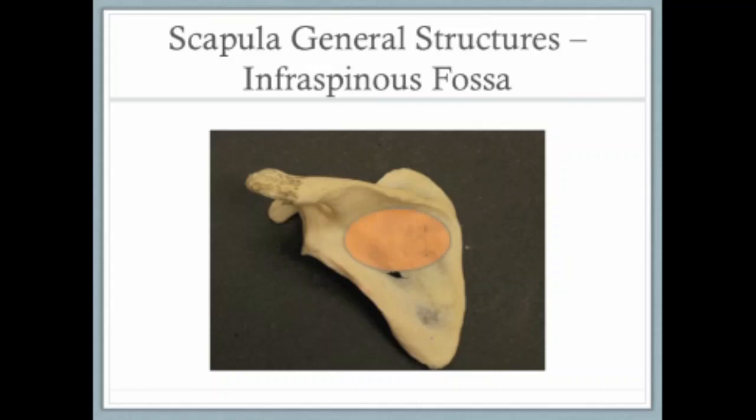Underneath the scapular spine, we find the infraspinous fossa, the place where the infraspinatus originates. And above the spine, we find the supraspinous fossa. Similarly, the supraspinatus originates here.